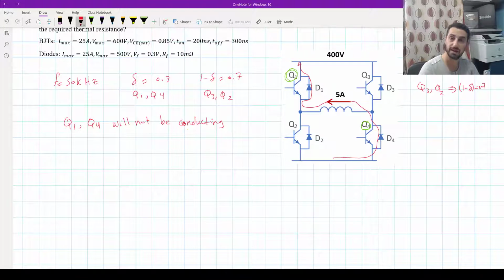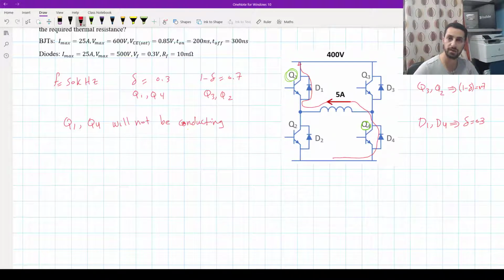But it has another way, and I think I explained that in the lecture, and there is a practical question about this. Now we have conduction losses for D1 and D4. So let's write this one. D1 and D4 are conducting during the first 30% of the period.